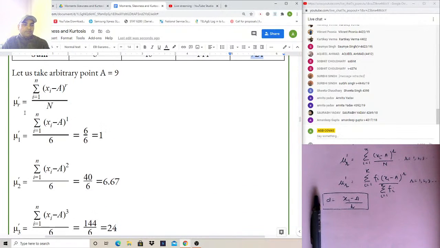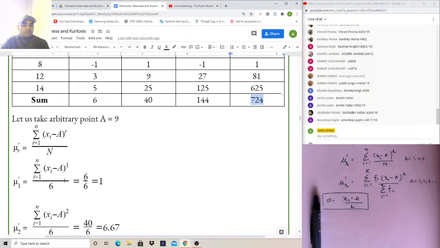What was the formula? The formula was (x minus a) power r. So what will be the first moment? It's power 1, that is, the sum comes out to be 6, and 6 divided by the number of observations, 6, is equal to 1. The first moment comes out to be 1 about the arbitrary point.